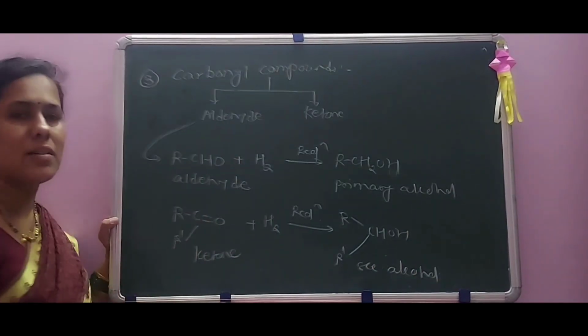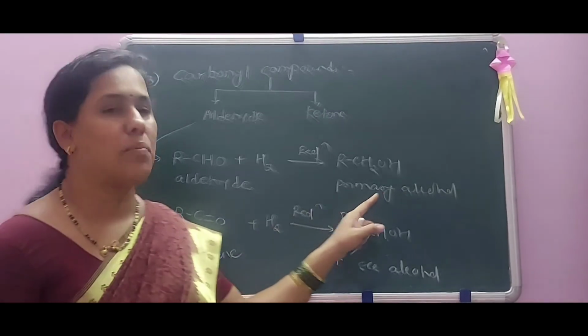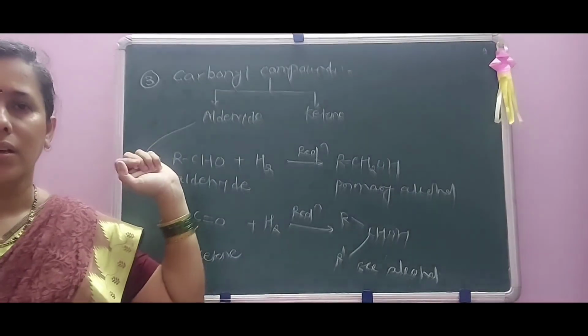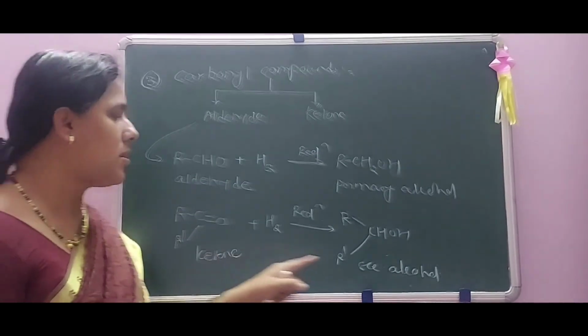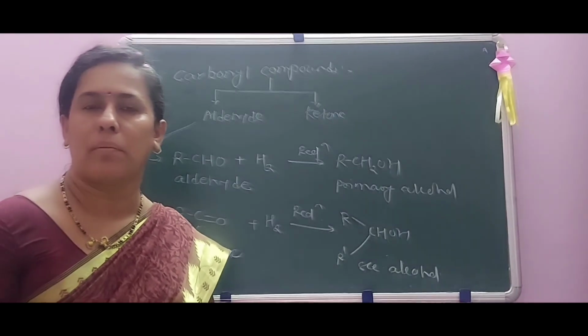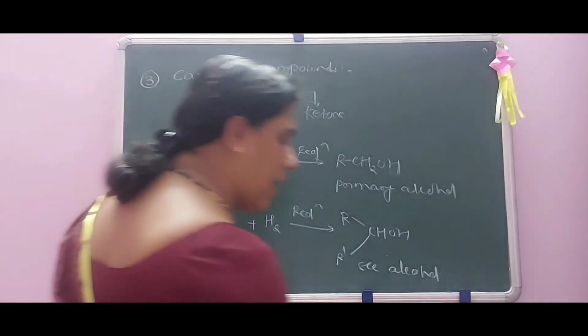These are the basic things you have to keep in mind here. If the reduction gives a primary alcohol, we can conclude that the given alkaloid contains the aldehyde group. And if it gives a secondary alcohol, we can conclude that the compound is a carbonyl group here in the alkaloid.